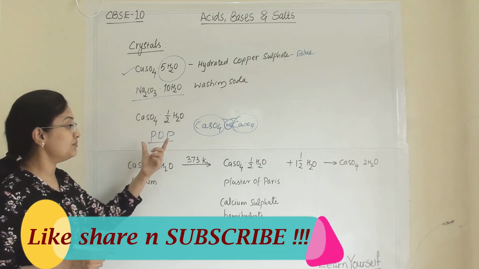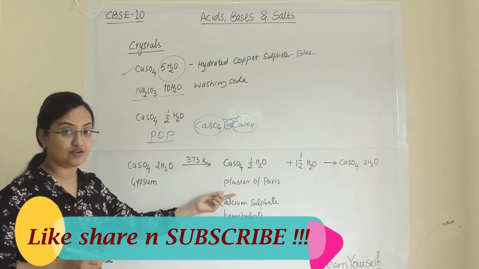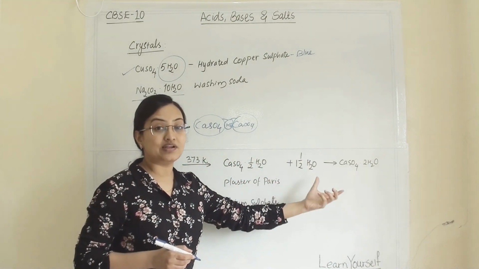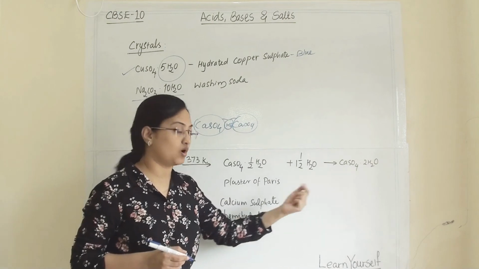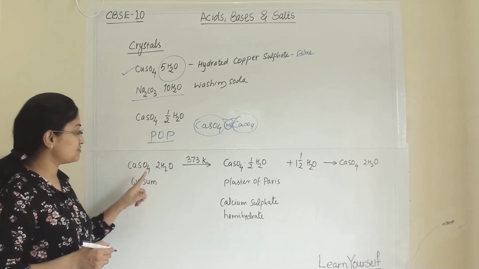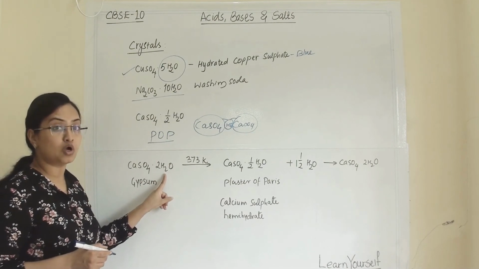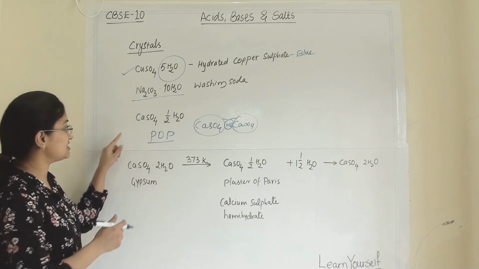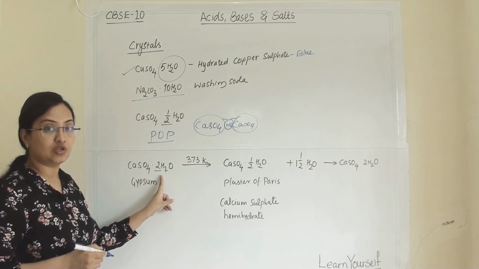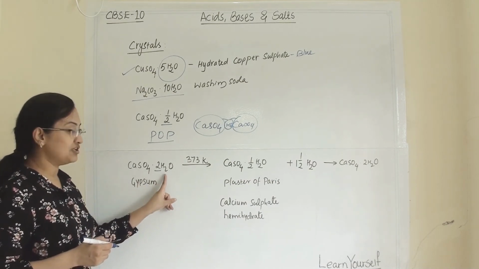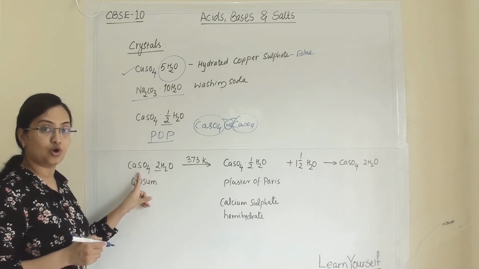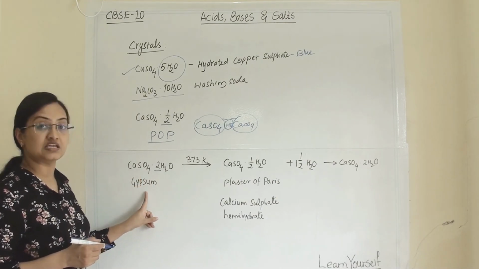So how can we manufacture plaster of Paris and how does it become a solid mass after mixing with water? Let us see that. Gypsum is calcium sulfate with 2 molecules of water. If you see, the only difference is the water molecules. When 2 molecules of water are attached with 1 molecule of calcium sulfate, it is gypsum.